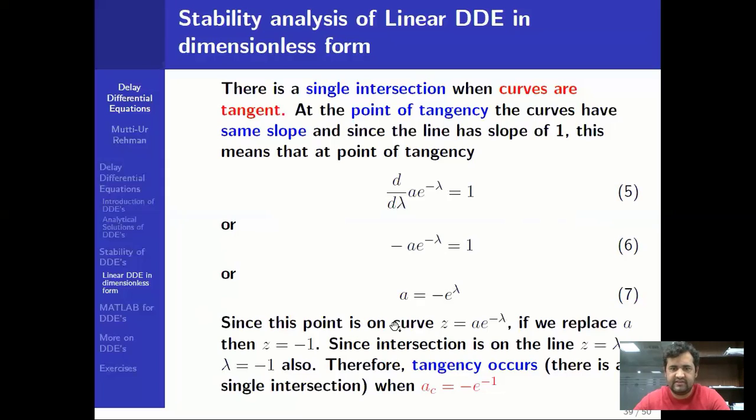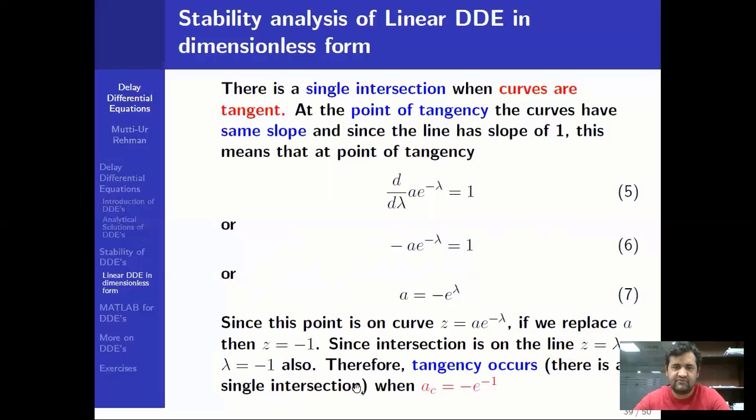So on the curve Z equals A times e to the minus lambda, if I replace this parameter A with this expression, then you will see that Z is equal to -1. And since we know this intersection is exactly on the line Z equal to lambda, lambda is equal to -1. So this means that my eigenvalue is real, but it's negative.